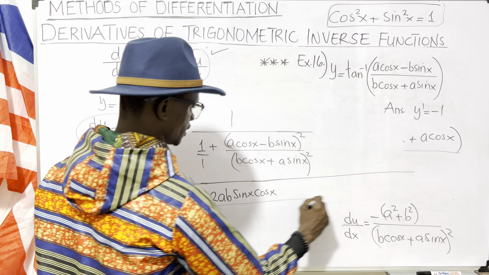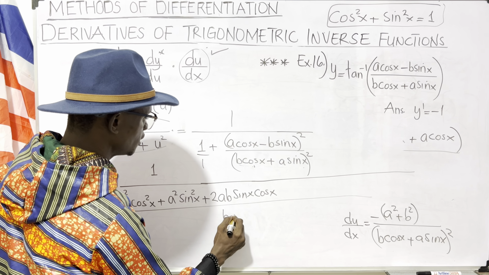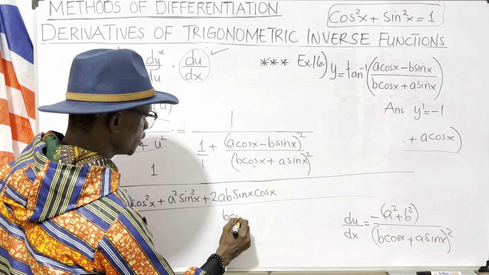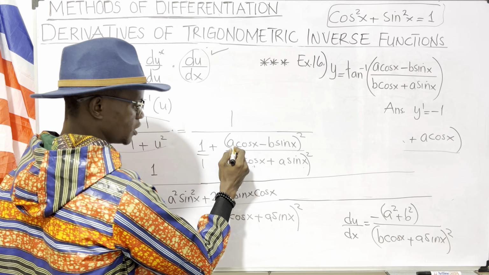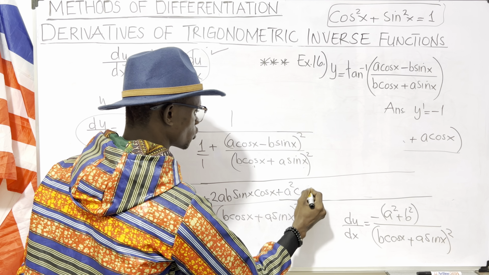All divided by this denominator, because this now will be the common denominator. So it's b cos of x plus a sine of x all square. Then we expand this as well. We do the same thing. So it's just going to be the first term all square, so it's plus a square cos square x.